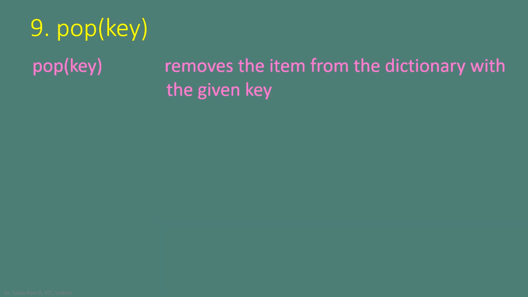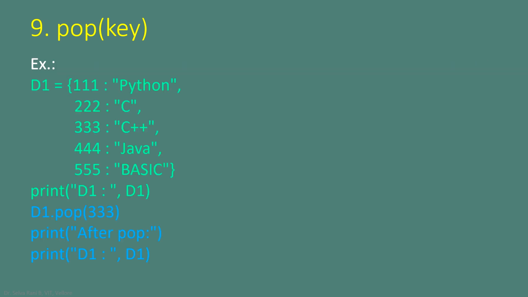pop(key). This method removes the item from the dictionary with the given key value passed to the pop method. For example, let's consider the same dictionary D1, and let's print the dictionary also before removing any element. So this print statement will display the original dictionary on the screen.